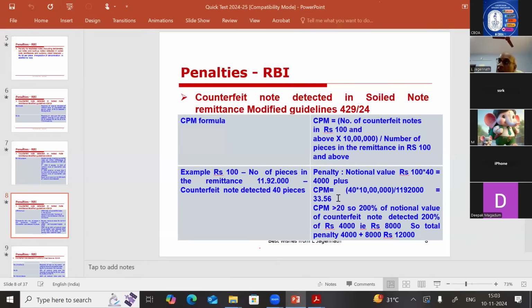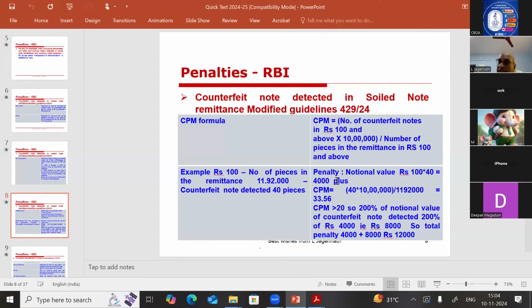I told you if CPM is more than 20, then the penalty is 200% of the fake note deducted. Fake notes are deducted to the extent of 4,000 rupees, isn't it? 40 into 100, 4,000 rupees.